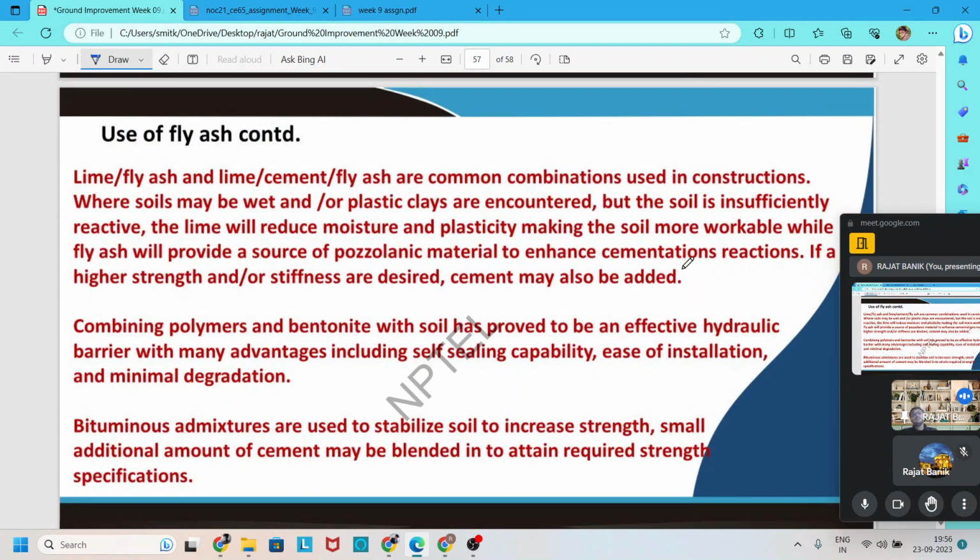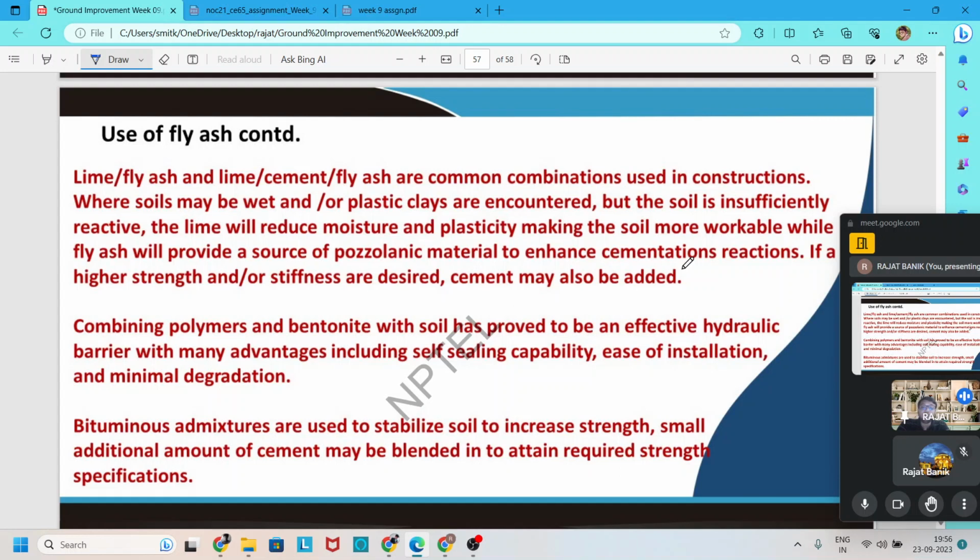And last slide, today's last slide, says that lime fly ash and lime cement fly ash are common combinations used in construction, where soil may be wet and/or plastic clay is encountered, but the soil is insufficiently reactive.